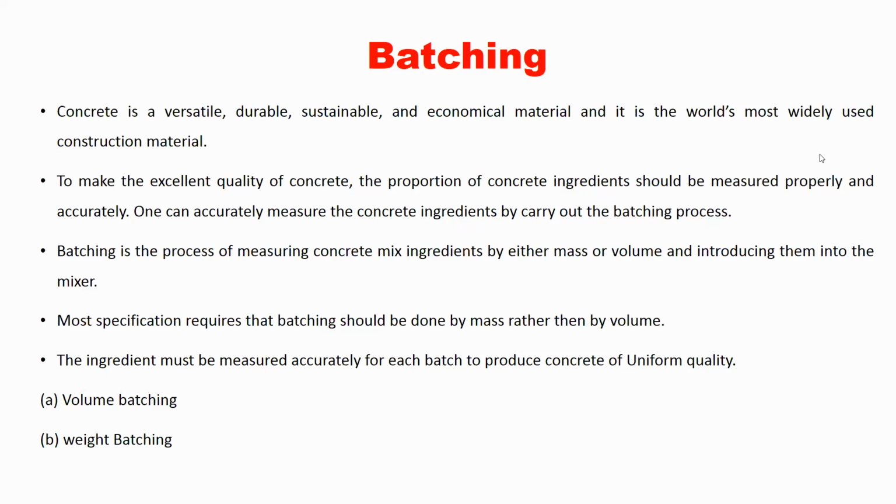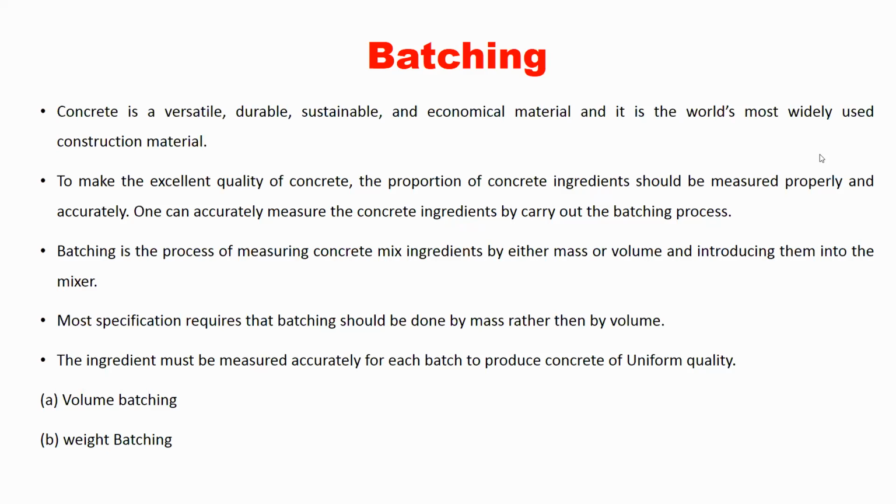Batching is the process of measuring the concrete mix ingredients by either mass or volume, and introducing them into the mixer. To measure the quantity of ingredients, like fine aggregate, coarse aggregate, cement and water, there are two ways of measuring those quantities.